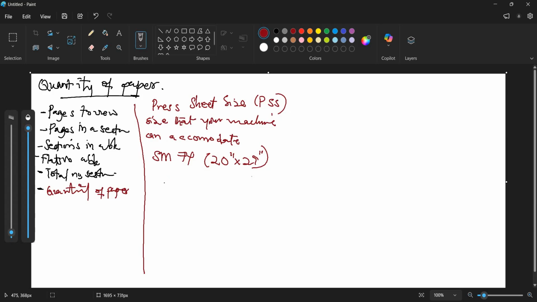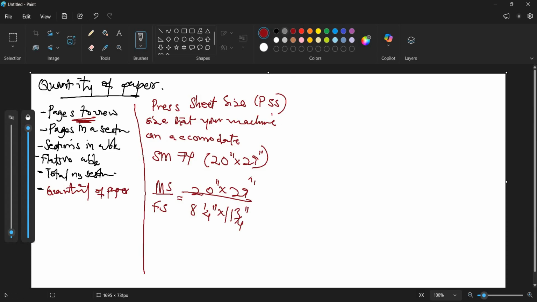Alright, so in calculating for our PSS, we first come to our pages to view. So you've solved for your pages to view, just make reference to that place. So when we solve for pages to view, we made it machine size over finished size, and then we had 20 inches by 29 inches divided by 8¼ by 11¾ inches.